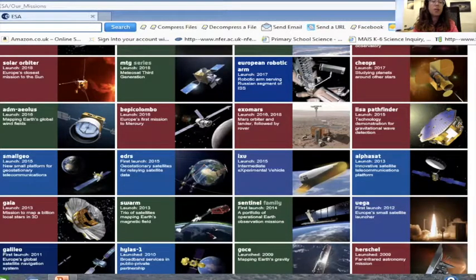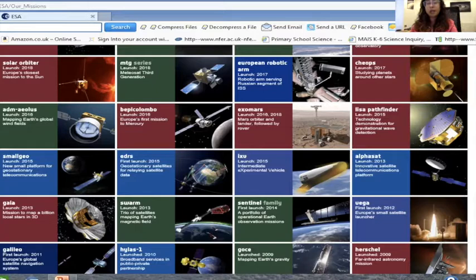So, for example, Bepi Colombo has got a huge contingent from Leicester University, ExoMars, UCL, and the Mullard Space Science Laboratory, etc., etc.